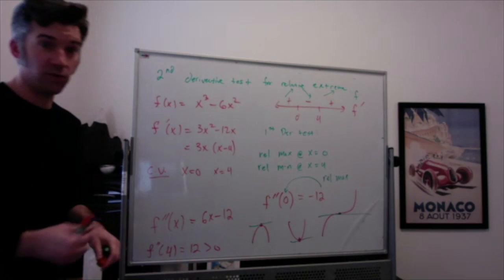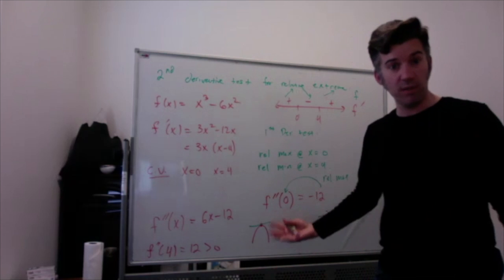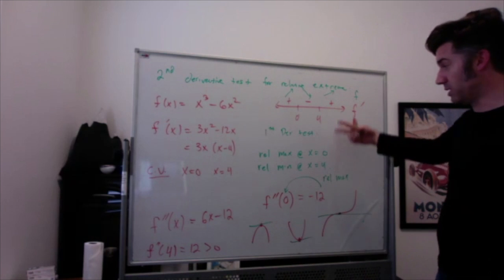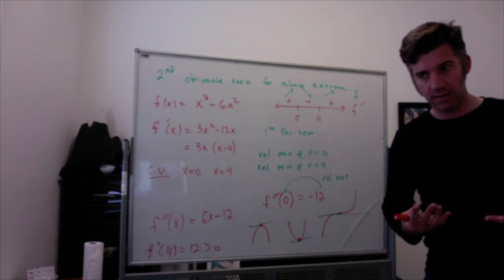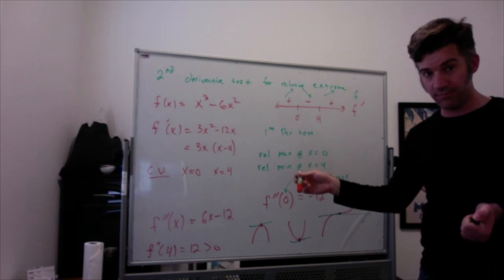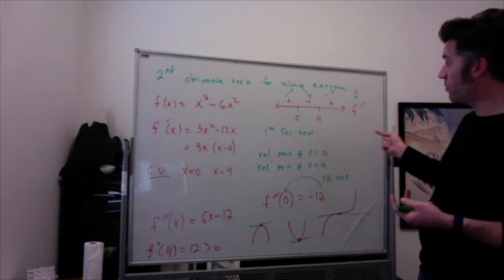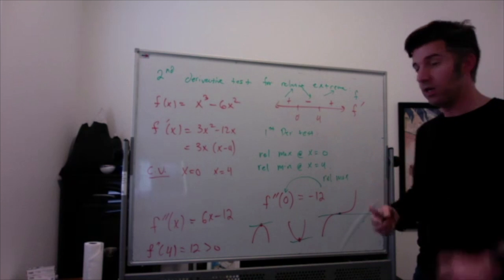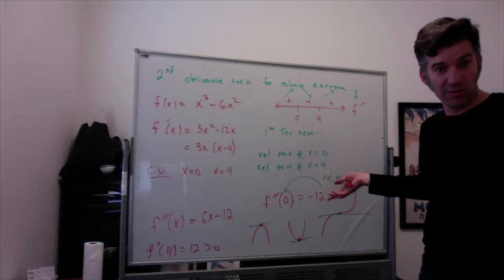And so since my second derivative is positive, concave up, I have a relative minimum, which totally agrees with what I said here already. The only downside to the second derivative test for relative extrema is that it's not always conclusive. Whereas the first derivative test will always tell you if you have a point that's a relative maximum, a point that's a relative minimum, or a point that's neither.